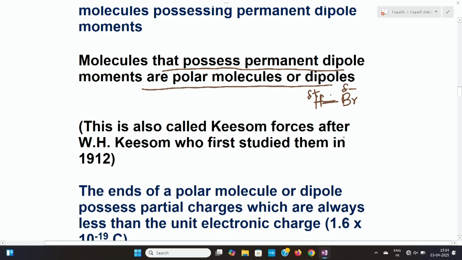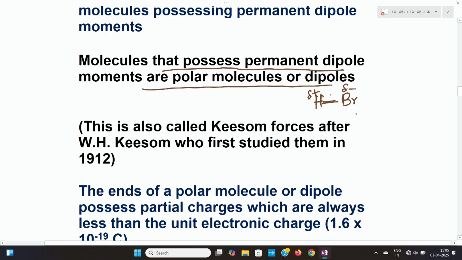We know that the unit electronic charge is 1.6 into 10 power minus 19 coulomb. So the partial negative charge is less than 1.6 into 10 power minus 19 coulomb, and the partial positive charge is also less than 1.6 into 10 power minus 19 coulomb.